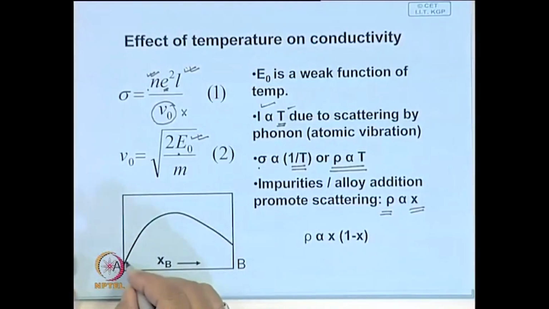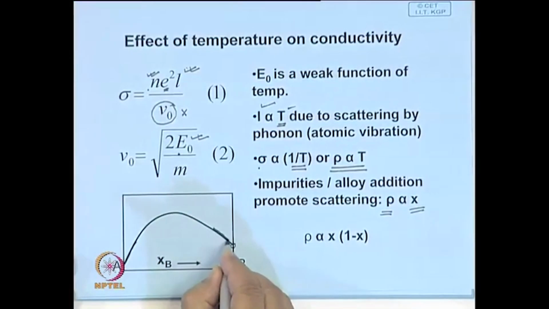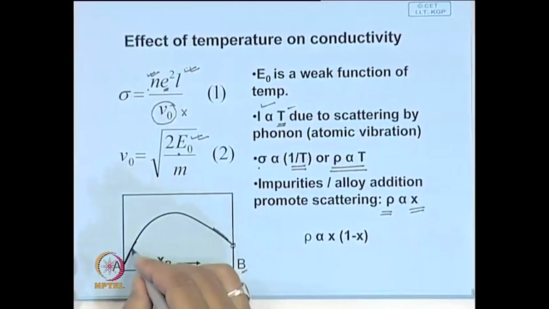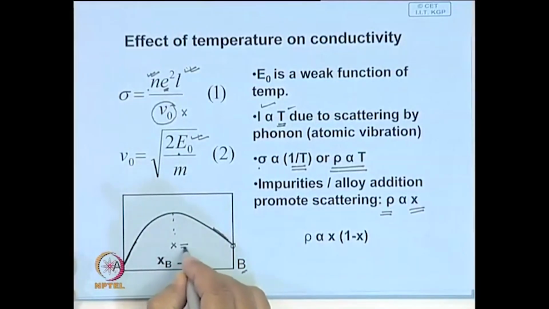So, at both ends the resistivity will go up with concentration; this is the base resistivity of metal B. So, this also will go up, and if you plot the total, you will get a maxima somewhere in between, where x is 0.5.